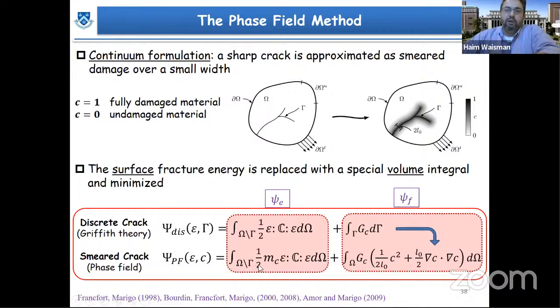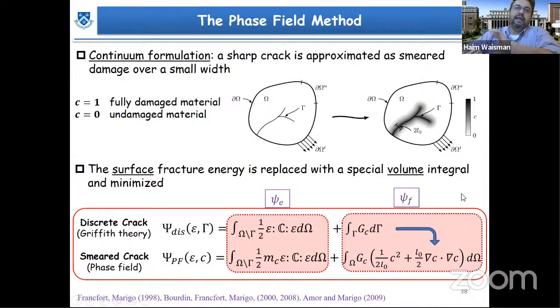Now with this phase field or smeared approach, we will have an approximation. This will now describe the strain energy in the system, which is related to this degradation function, MC. Another interesting observation is that the discrete crack approximation, previously defined over a surface, now becomes a volume integral and is approximated by this phase field parameter.